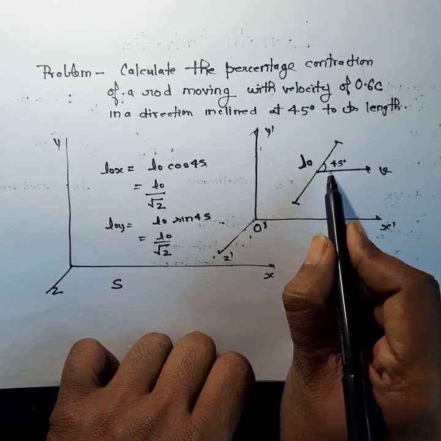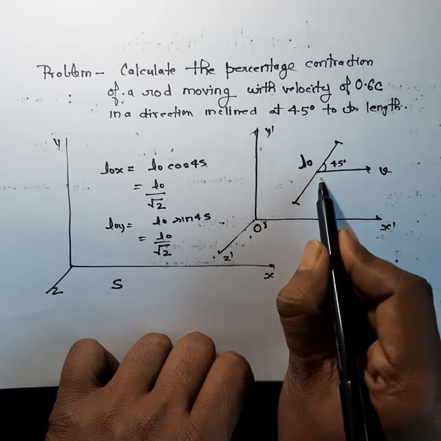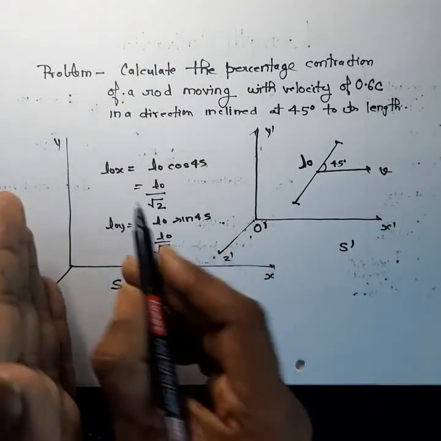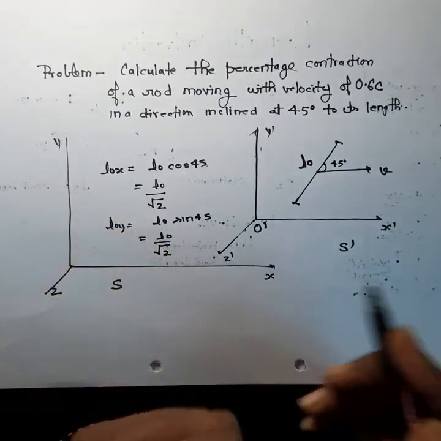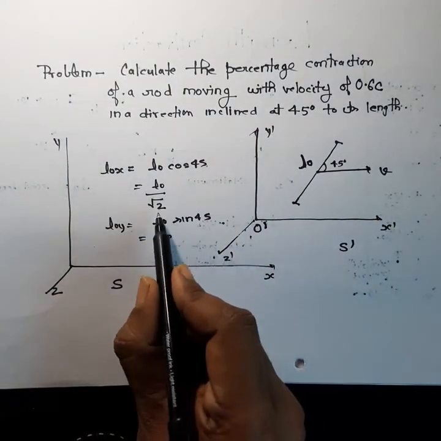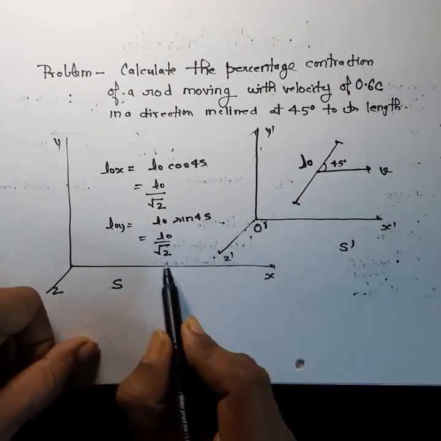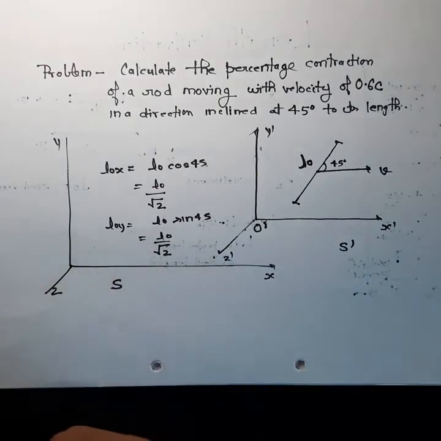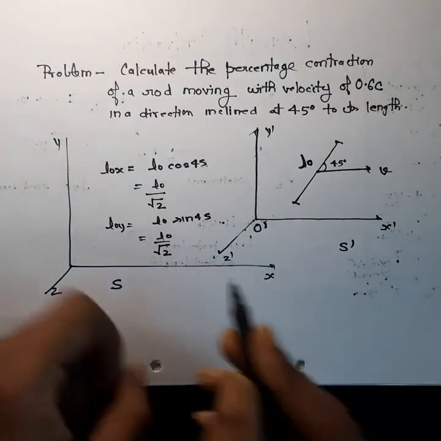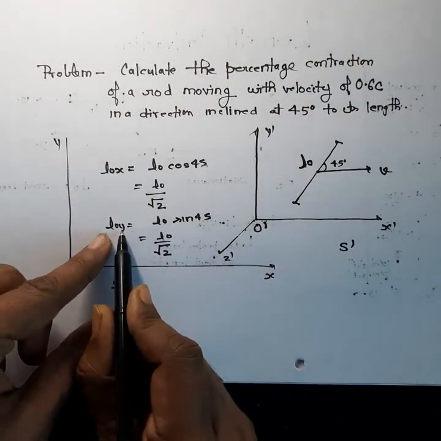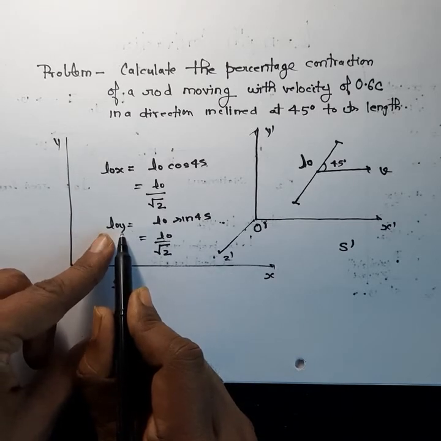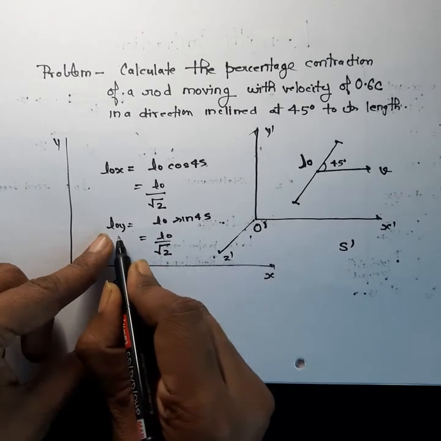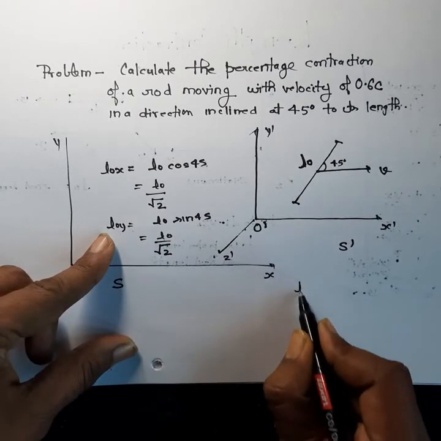L0 is moving at 45 degrees in the positive x direction, so we have taken the resolved components to make the calculation simpler. L0x will be L0 by root 2 and L0y will be L0 by root 2. Along the L0y dimension there is no relative motion between the observers, hence there will be no contraction.